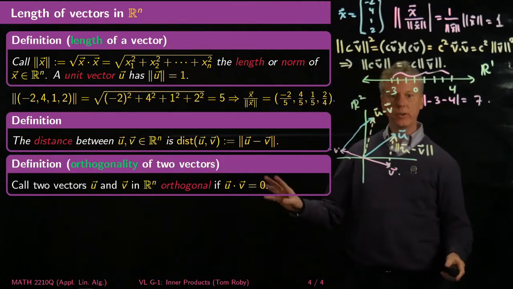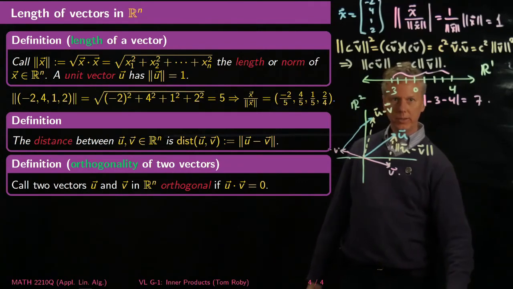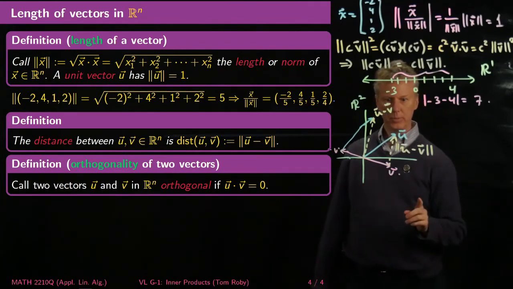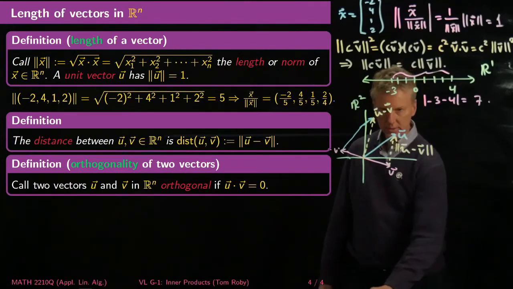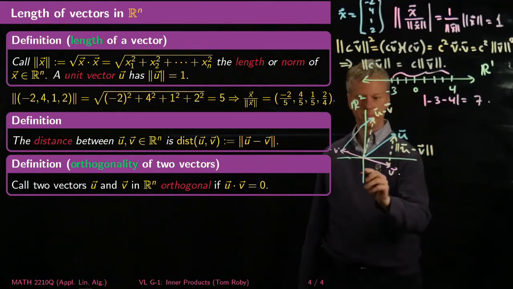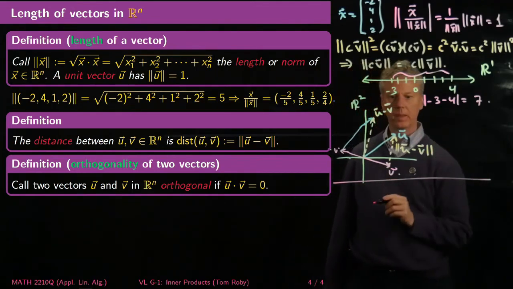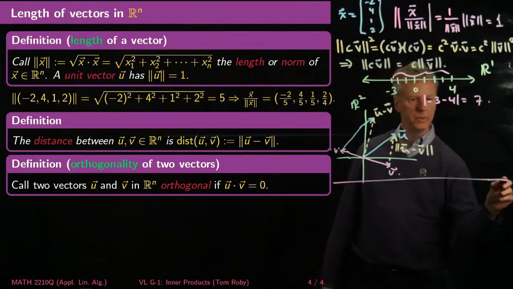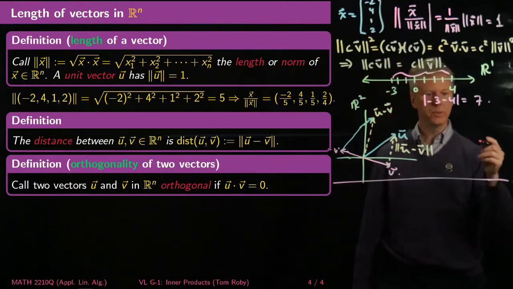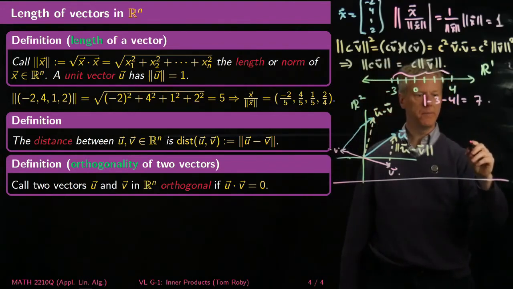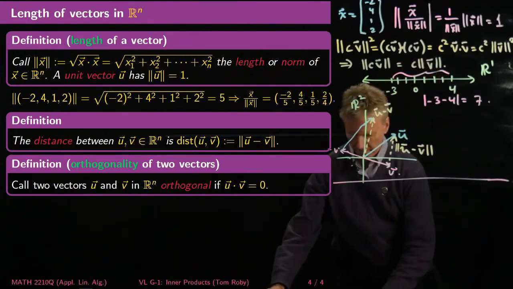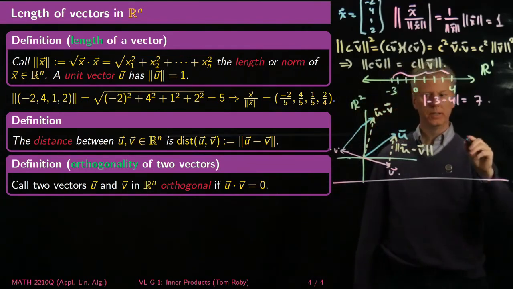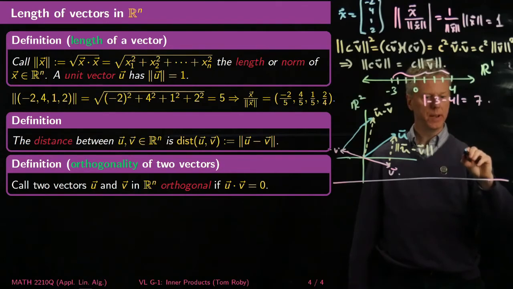So now I want to define orthogonality. But the way I want to do that is to do a computation for you. So I need another picture. Suppose I've got some vector u. So I'll draw a similar picture again.